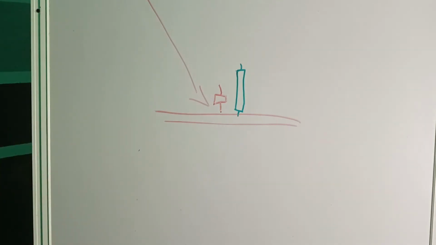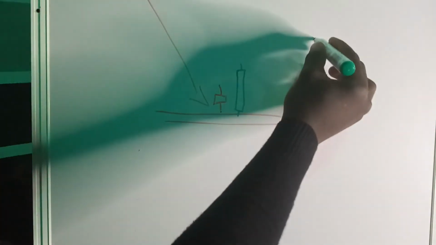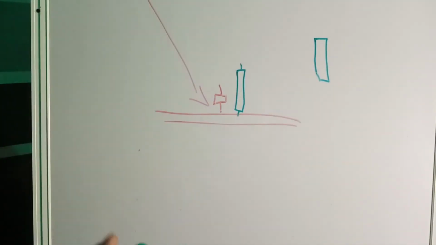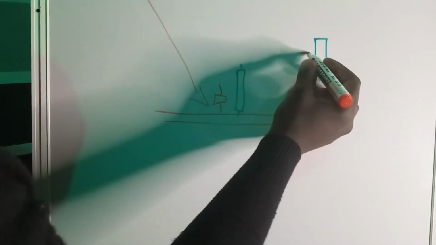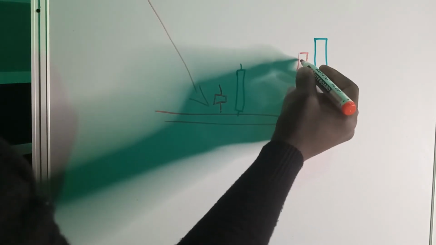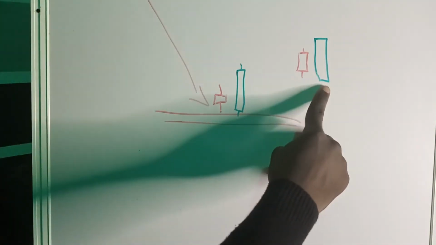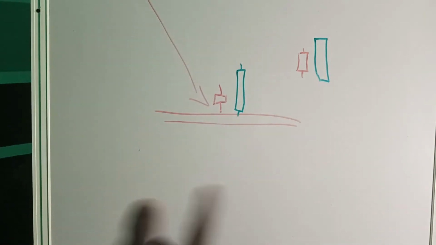It consists of two candlesticks, a big bullish candlestick and a small bearish candlestick. The next candlestick to form, which is this one, completely covers the previous candlestick. It engulfs the previous candlestick. That is why we call it the bullish engulfing.